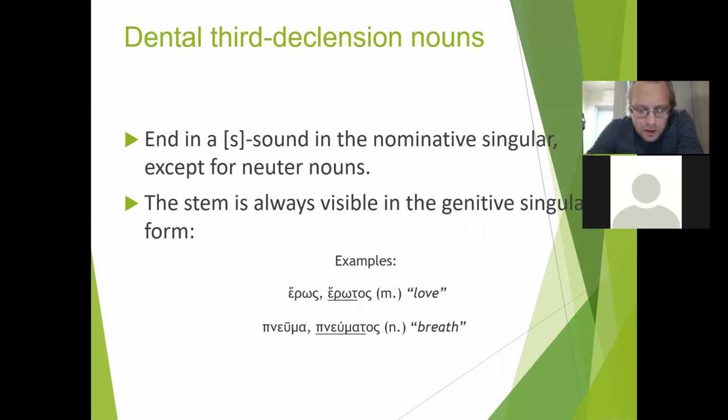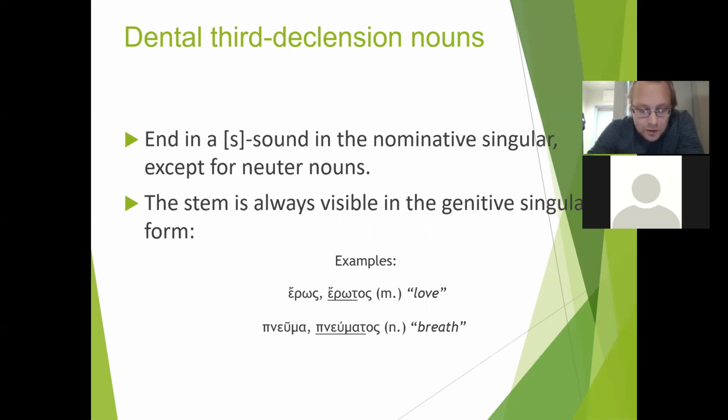Dental nouns following the third declension, often like in our example eros, end in a sigma in the nominative singular, or in a xi, except if they are neuter, like pneuma.